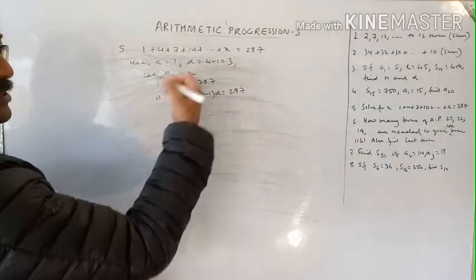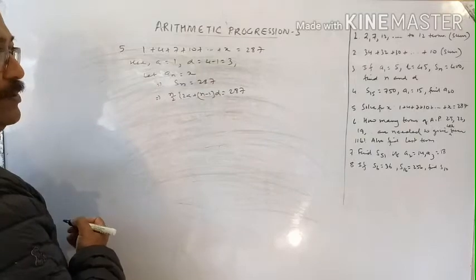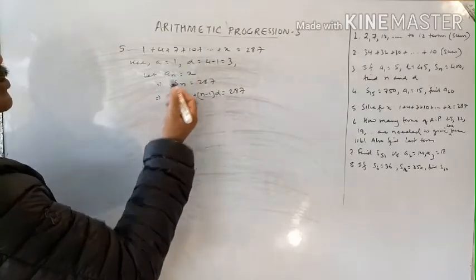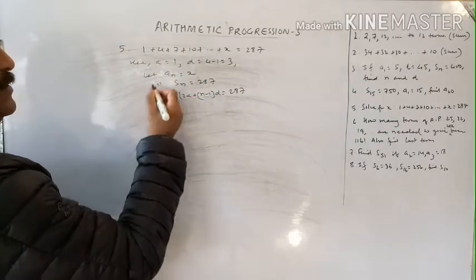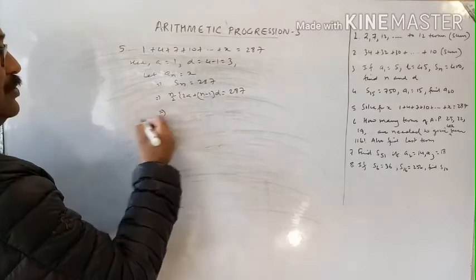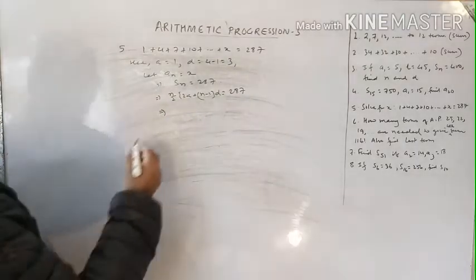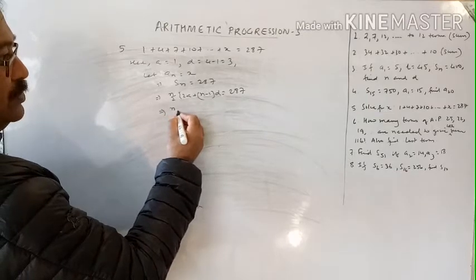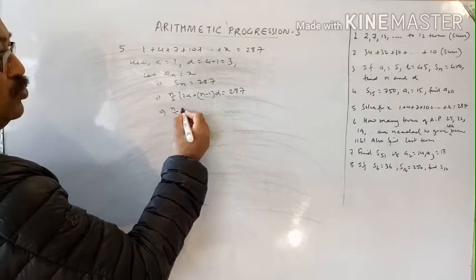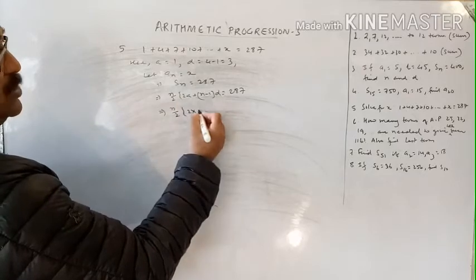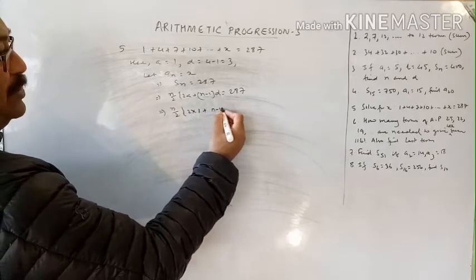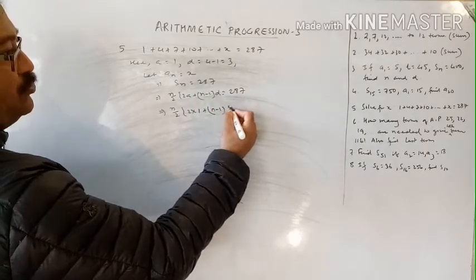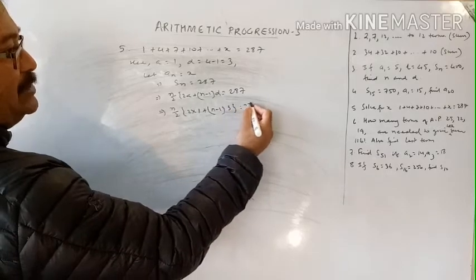Okay, so first let's find out the value of n. Then we know x is the nth term, so we can easily find the value of x. So n by 2 into 2 into the value of a, which is 1, plus n minus 1 times the value of d, which is 3, is equal to 287.